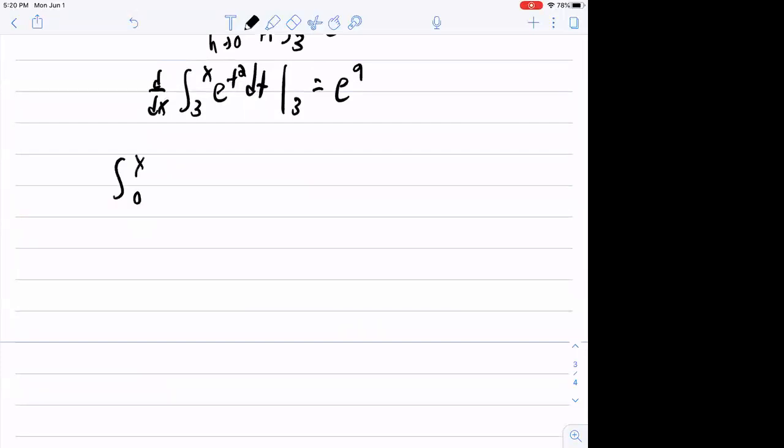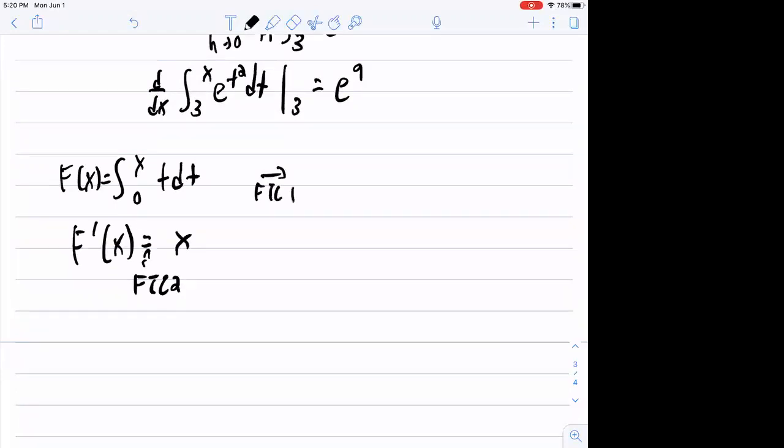Like if you have integral 0 to x of t dt, then that is f of x. So f prime at x by FTC2 is just x, right? I plug in x for t. But you could have just used FTC1 and say this is t squared over 2, evaluated at 0 and x.